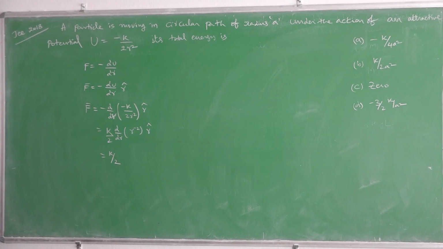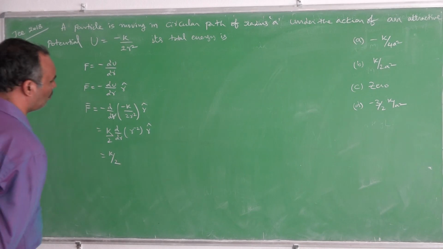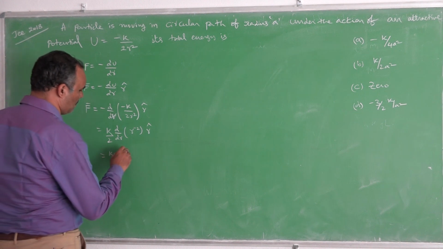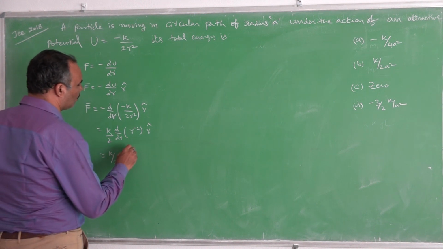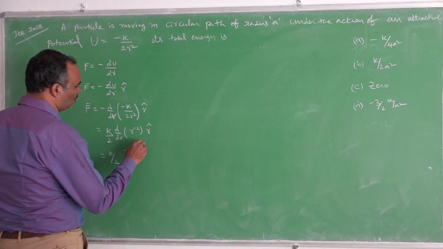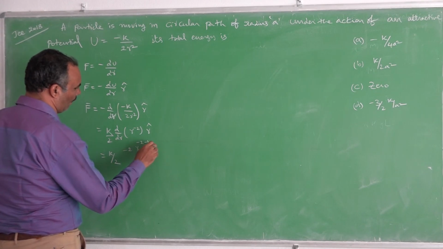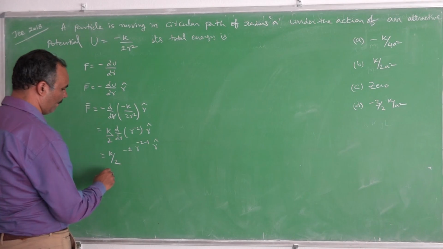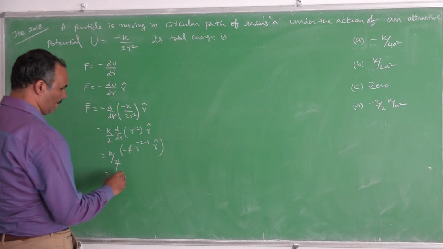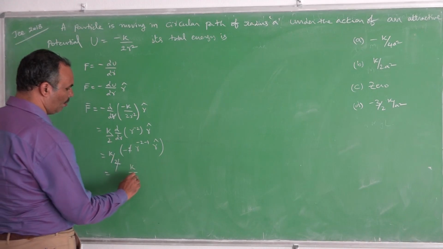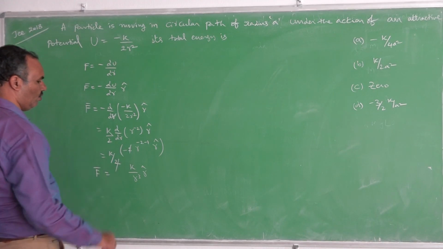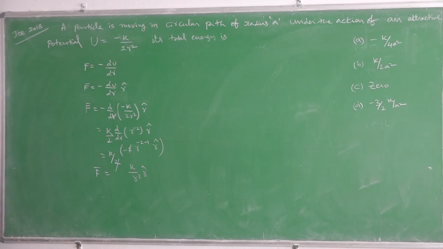Derivative of R power minus 2 is minus 2 r power minus 2 minus 1 r cap. 2 gets cancelled. So k by r cube into r cap is the force vector.